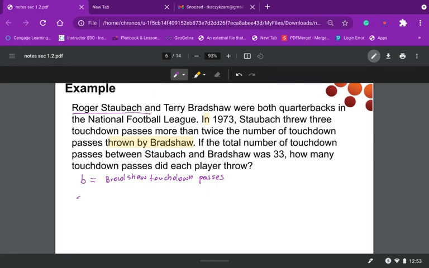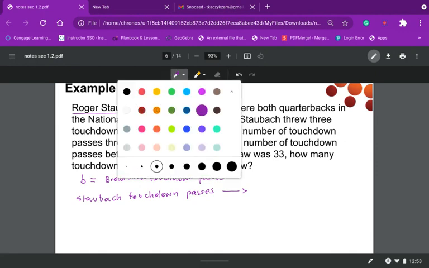So here, Staubach touchdown passes. So we want to express that using variable b. So I'm going back to this sentence. Okay.